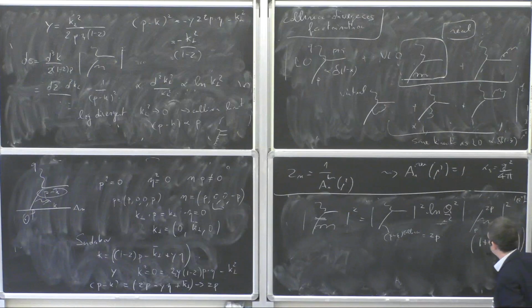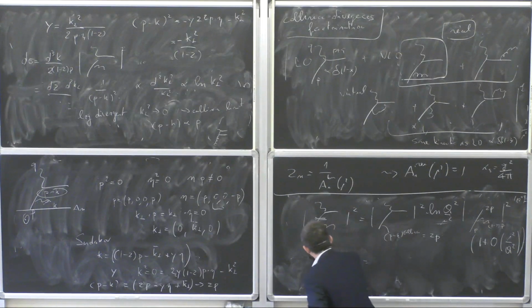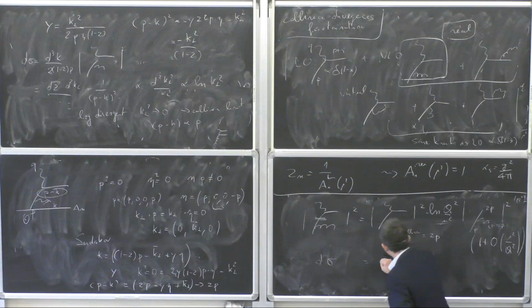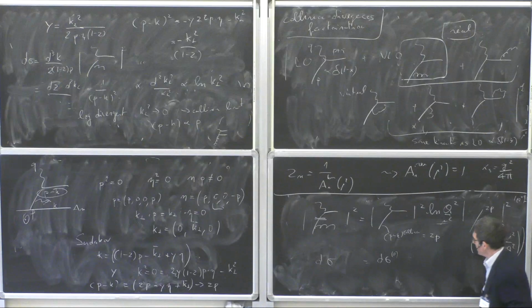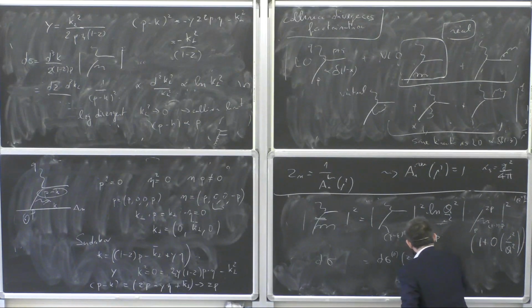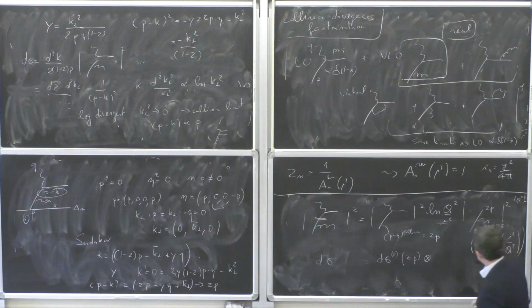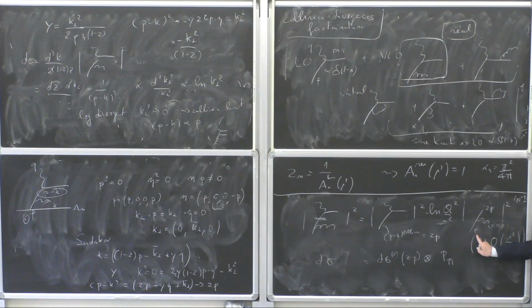And I'm saying that the cross-section for this process is like the cross-section for a process, let me call it sigma naught, the process without the emission, but with zp, convoluted with some quantity which I call a splitting function, which in this case I call a PQQ splitting function, which is the cross-section of the process with an incoming quark with momentum p, an outgoing quark with momentum zp, which depends on z, and is convoluted with this guy, times a log of q square.